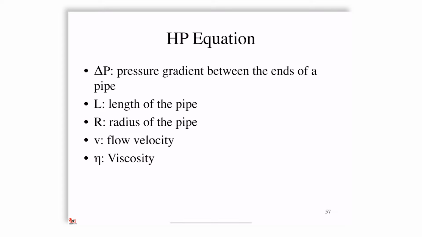Now, for the Hagen-Poiseuille equation, we need to take into consideration a few symbols. For example, the pressure gradient between the ends of the pipe, as I mentioned earlier, which is delta P, the length of the pipe, L, the radius of the pipe, R, flow velocity, and viscosity.